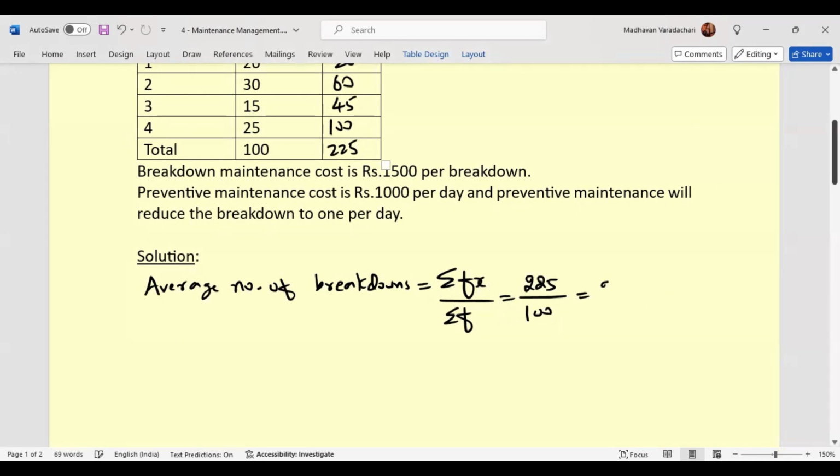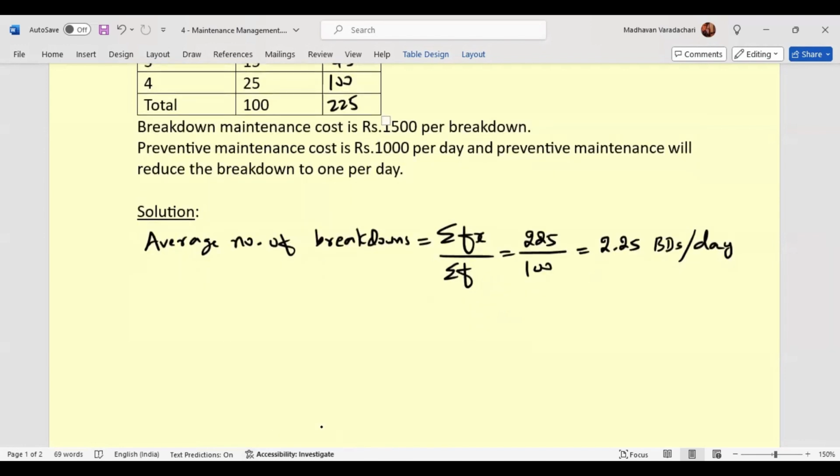So we get 2.25 breakdowns per day. Right. Next, breakdown maintenance cost we'll calculate.